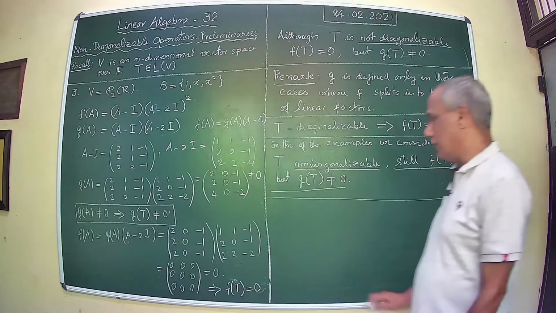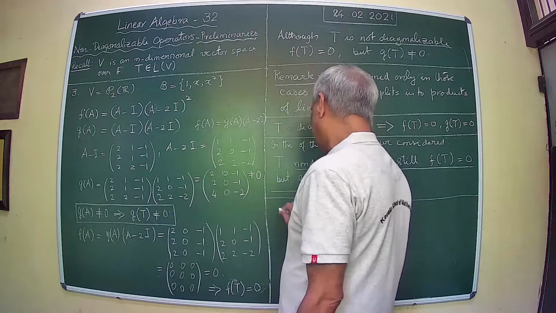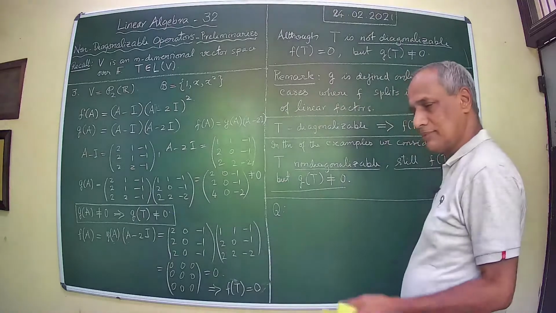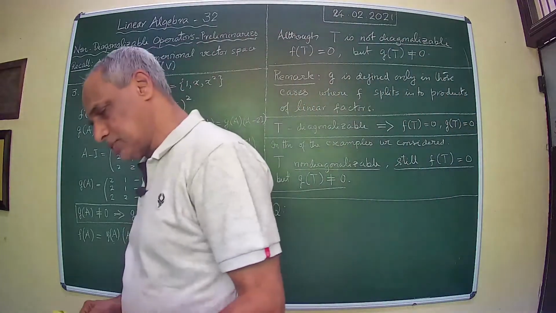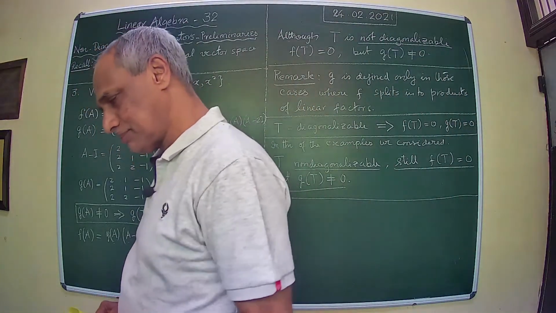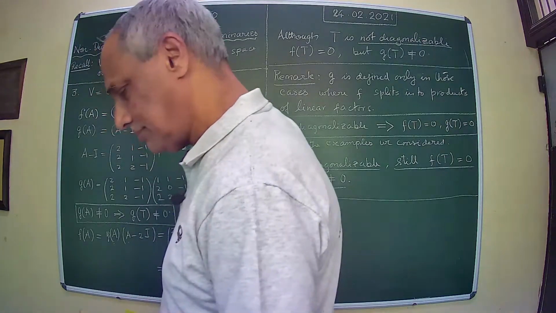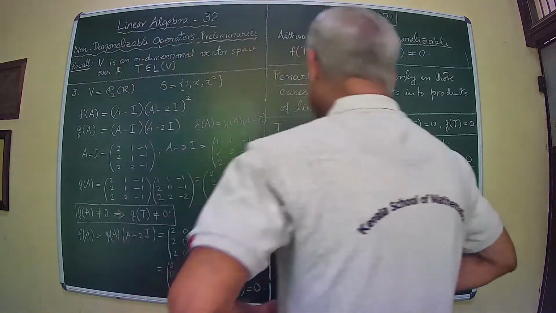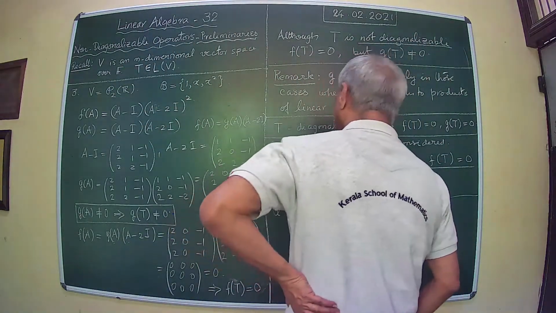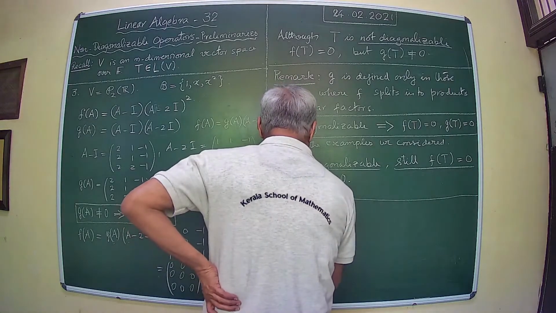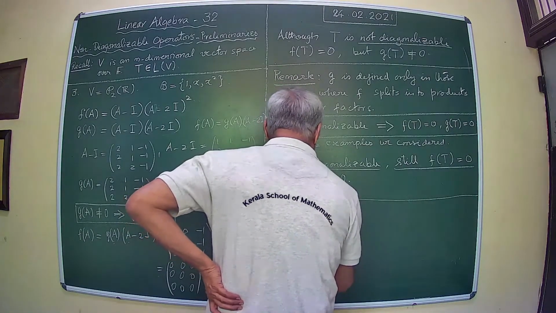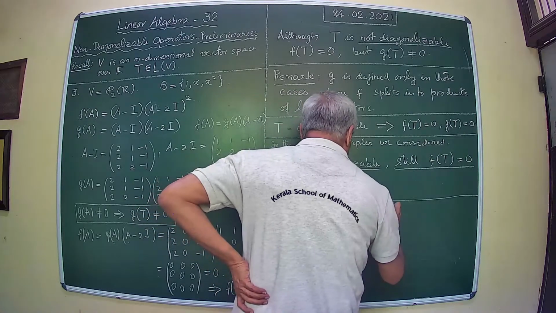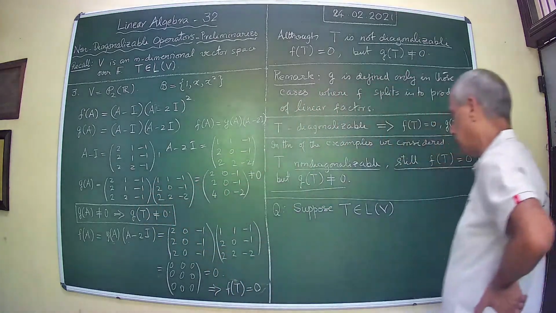So the immediate question that comes to your mind is the following. Suppose T belongs to L with the basic conditions that we have assumed in the beginning.